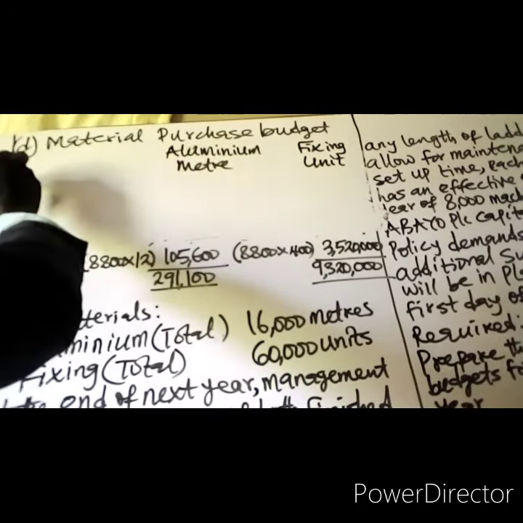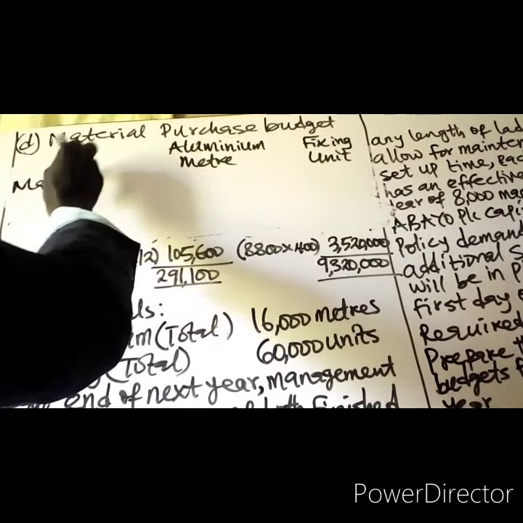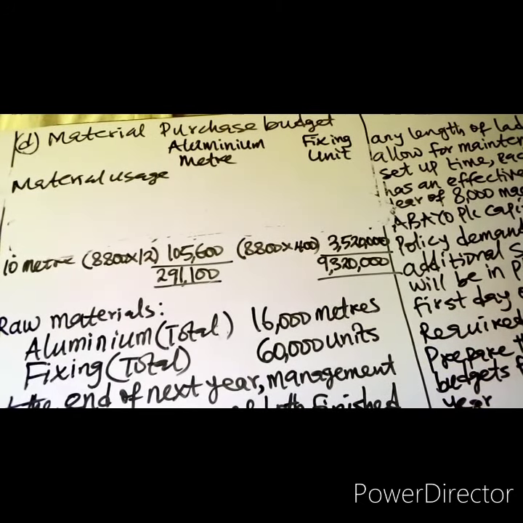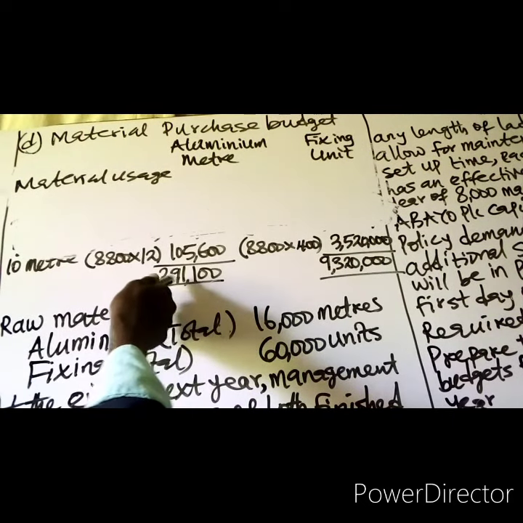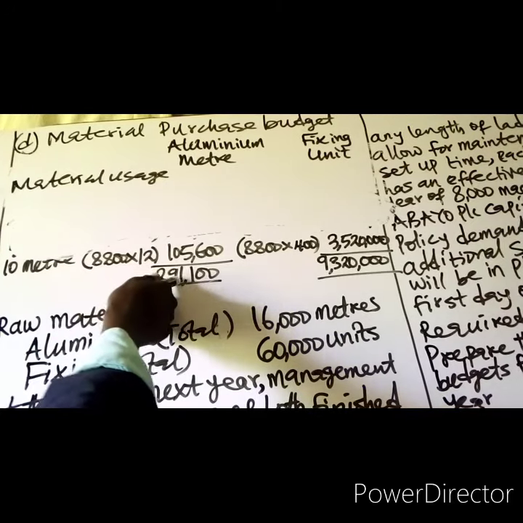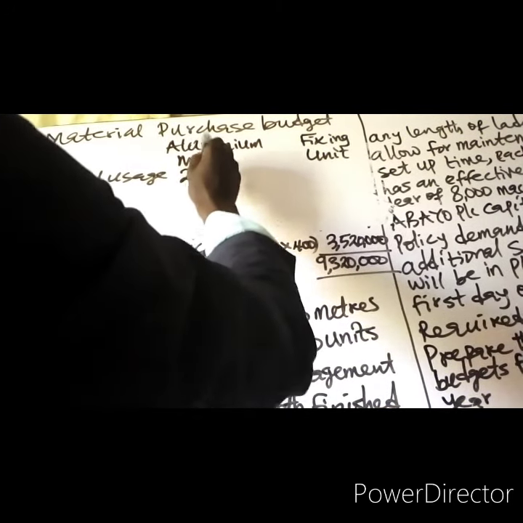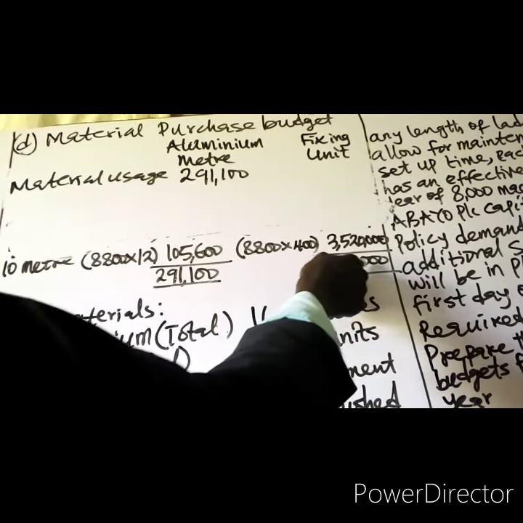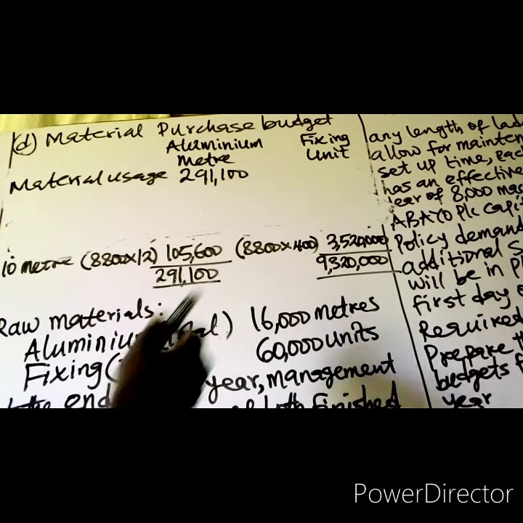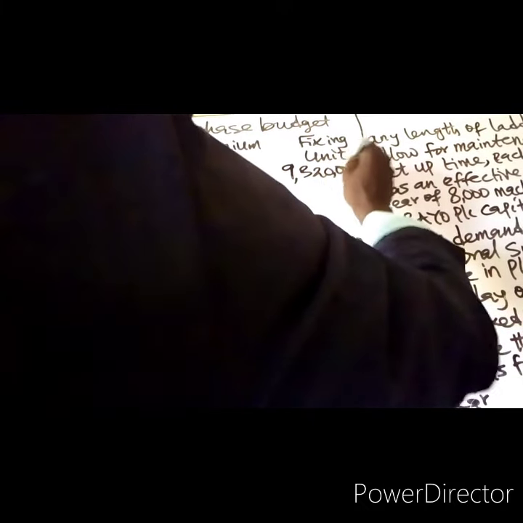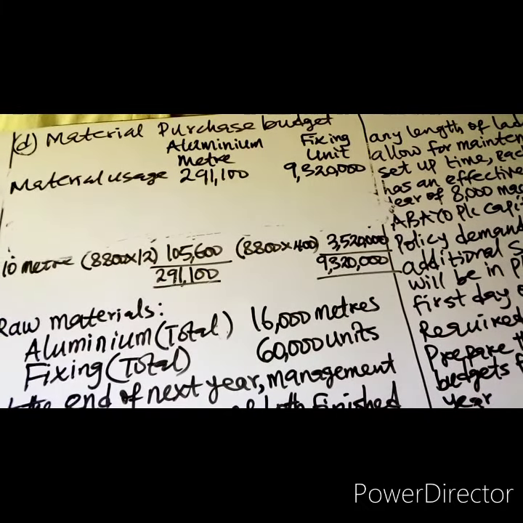You start with material usage, from requirement C: 291,100 for aluminum, and 9,320,000 for fizzing.